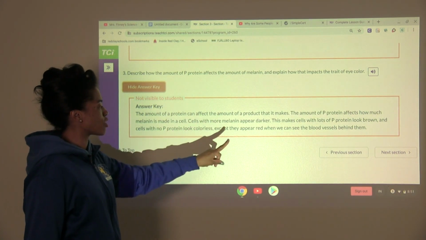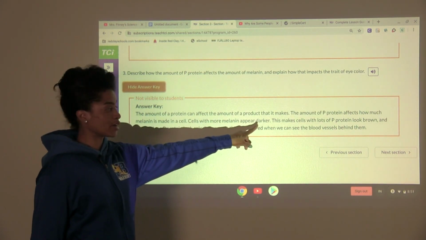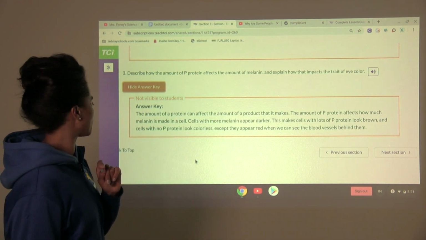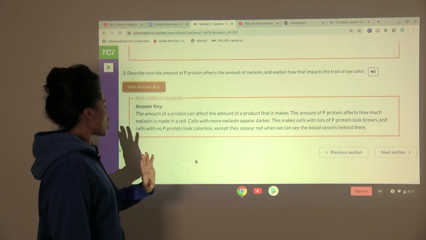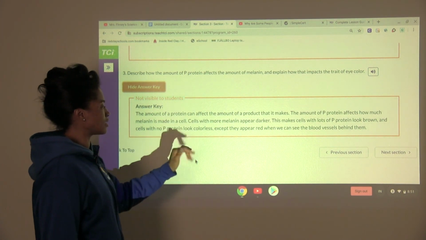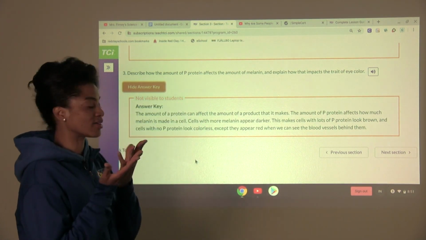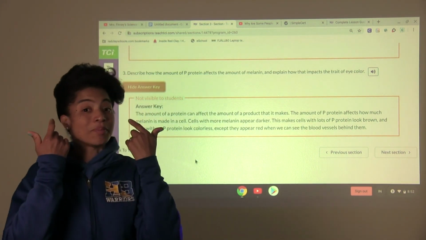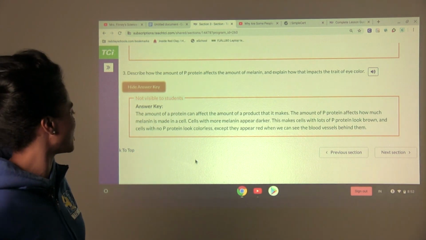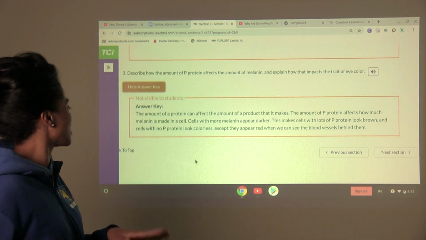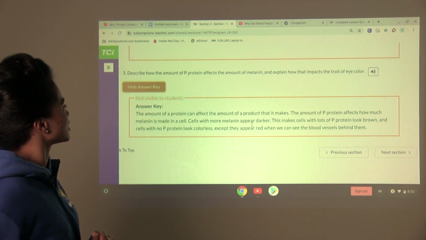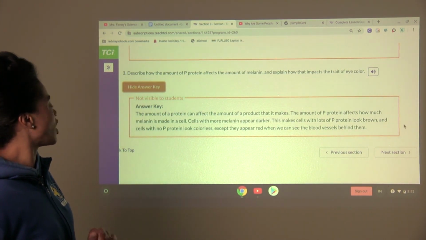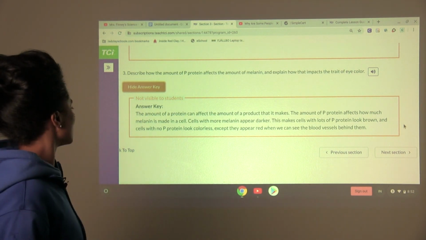Cells with more melanin appear darker. This makes cells with lots of pea protein look brown, and cells with no pea protein look colorless, except they appear red when we can see the blood vessels behind them. That gives them the appearance of being red, but actually there is no pea protein, so it is colorless. Make sure you have this written down as well, and you can paraphrase and put it in your own words.